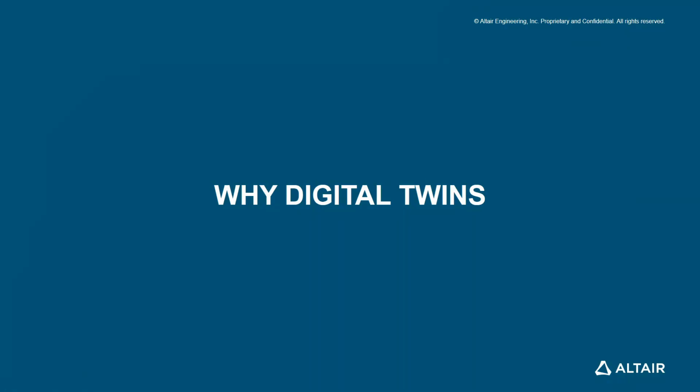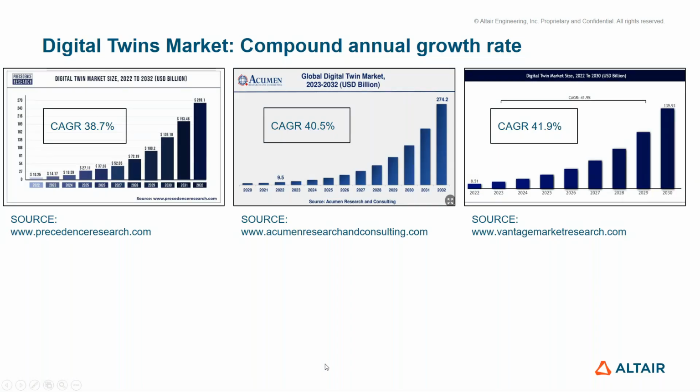Altair is also into digital twin, where the purpose is to optimize designs, operations, and maintenance by linking simulations plus real data. Yes, Altair has a digital twin technology that you can utilize, and this is how digital twin technology stands in the market.